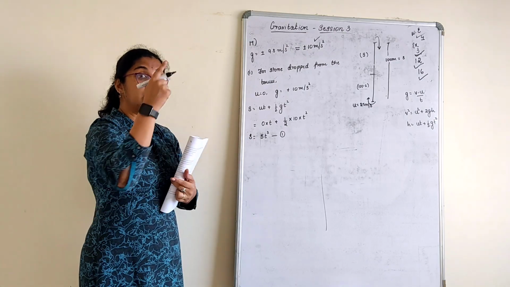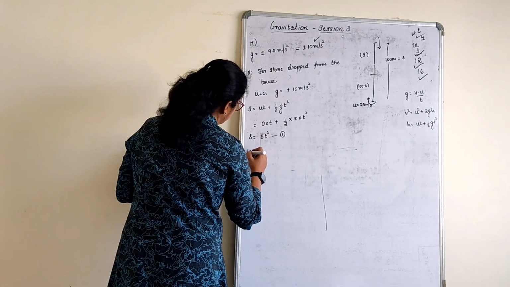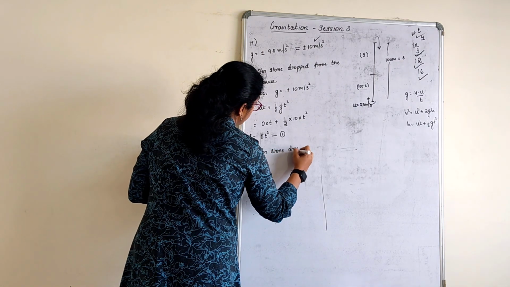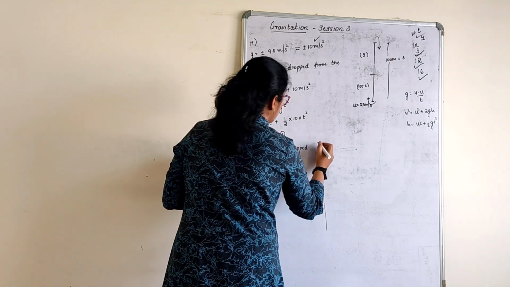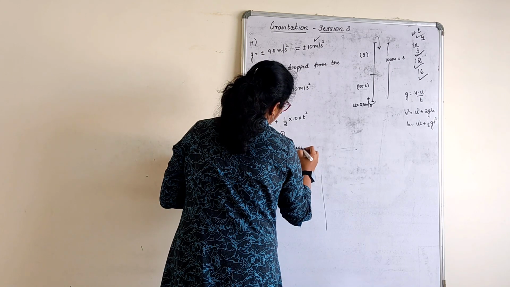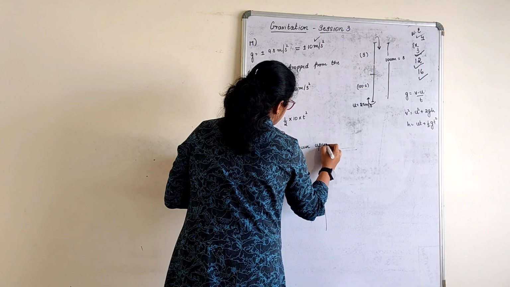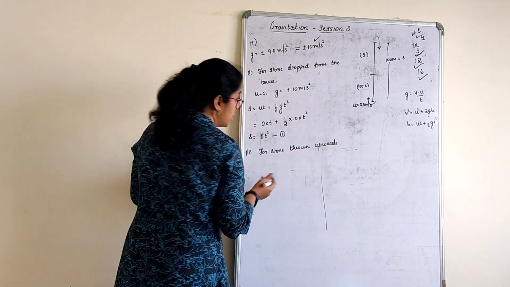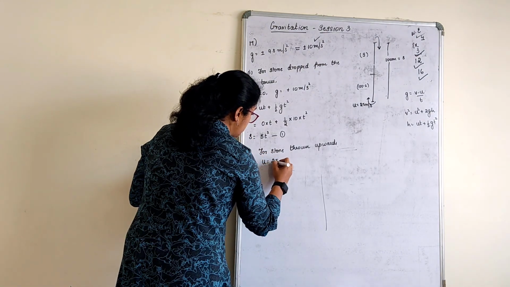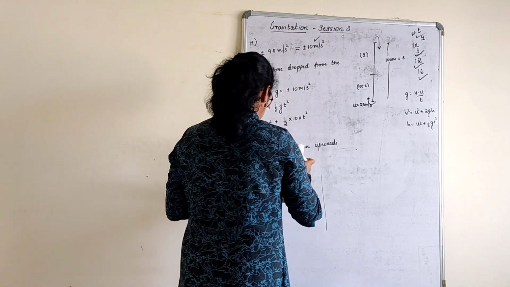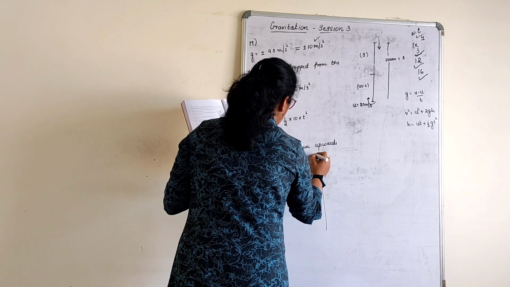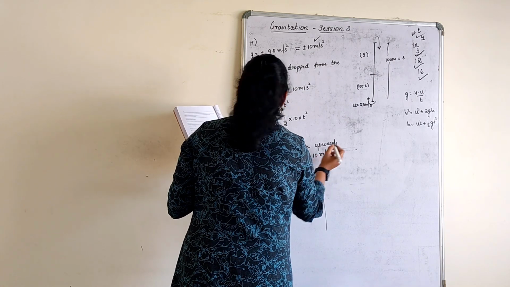Now let us do it for the upward. Second part, for stone thrown upwards. What is u? It is thrown upwards with the velocity of 25 meters per second. u is equal to 25 meters per second. Then what else is given here? g is equal to minus 10 meters per second square.